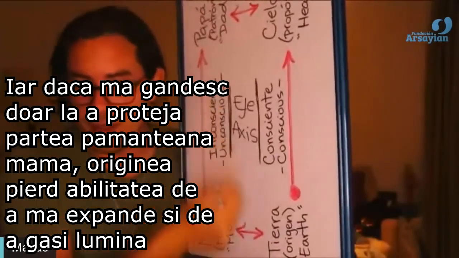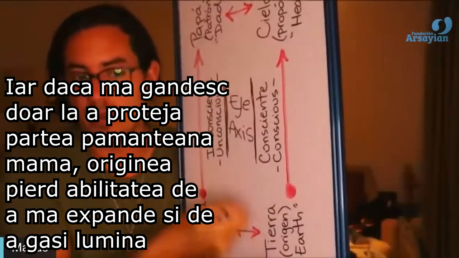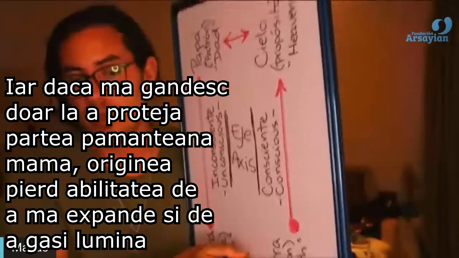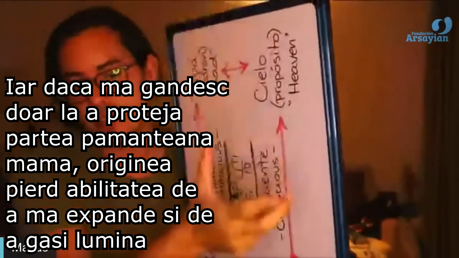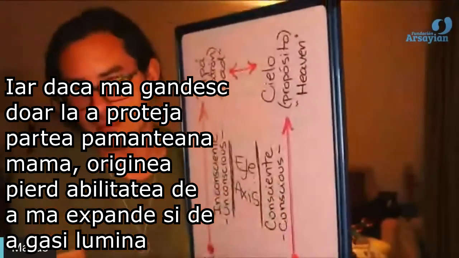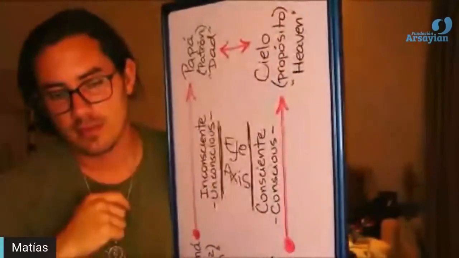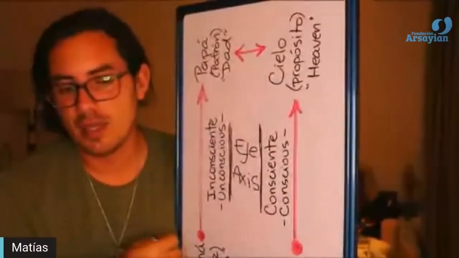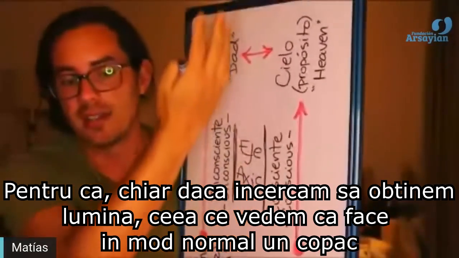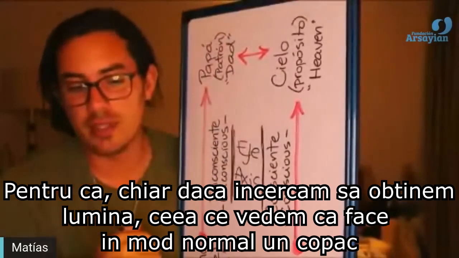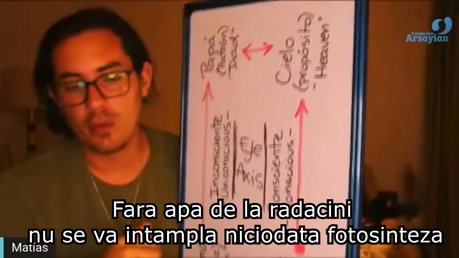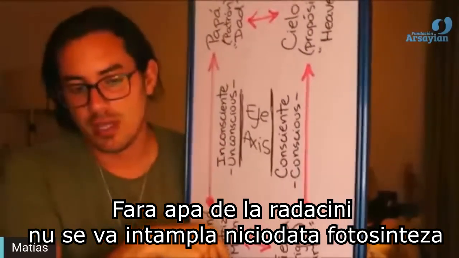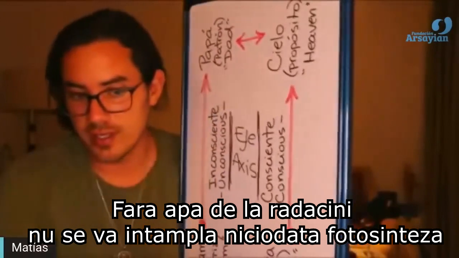But if I just think about the protection of the earth, of the mom, of the origin, and I stay here, I will lose the ability to expand and to look for the light. So this is what the tree teaches through the axis. Because even if we are trying to reach the light, which is what we normally see from a tree, without the water from the roots, it will never do the photosynthesis.